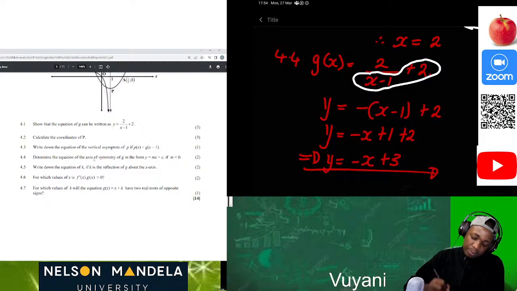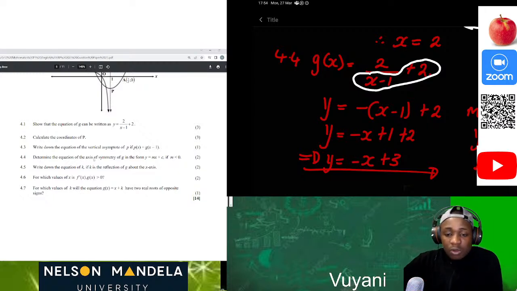So this will be our axis of symmetry. So if they said where m is greater than 0, you would just say y equal to x minus 1 plus 2, then y is equal to x plus 1. So this is for m greater than 0. M is the gradient, guys. As always, it doesn't change. It always has the same value.